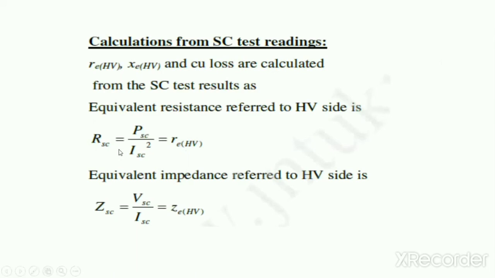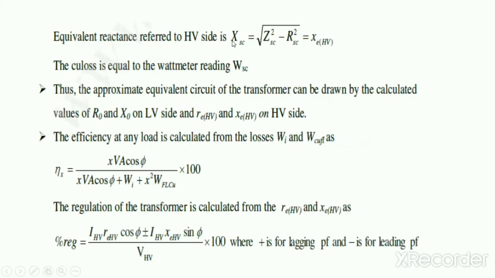Then we calculate the equivalent circuit parameters, that is RSC, ZSC and XSC, and R0, Z0 by conducting the OC test, and we calculate the efficiency and the voltage regulation. What is the formula for efficiency? That is x VA cos phi by x VA cos phi plus Wi, the iron losses obtained in the OC test, plus x square Wcu, where x is the load.